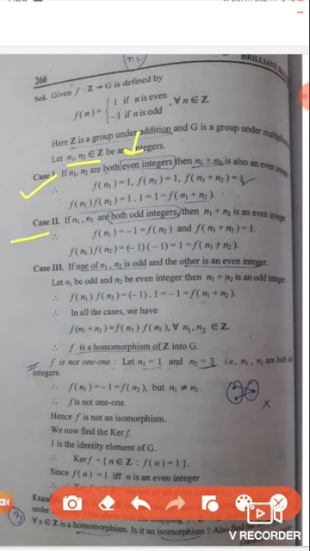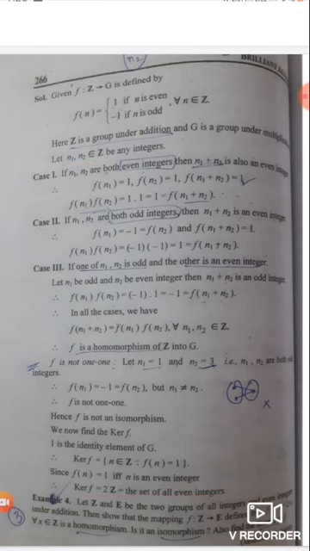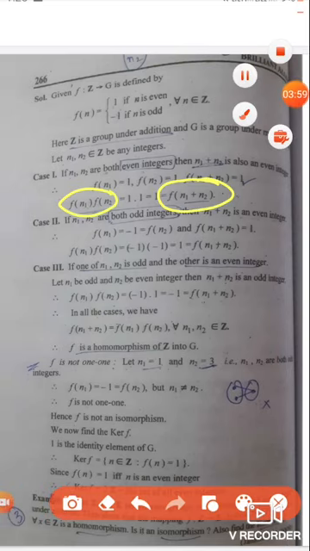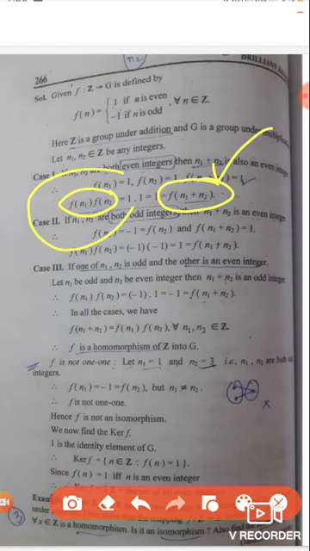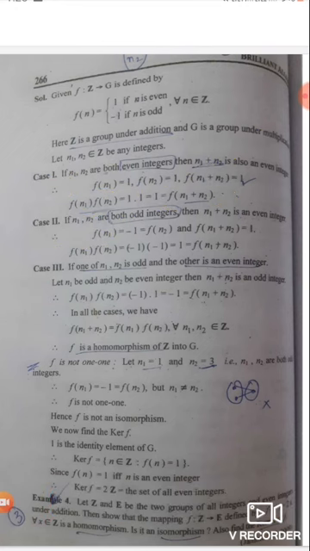It can also happen that you take both n1 and n2 as odd integers, and there is also a case where one of the elements you are taking from the domain is even and the other odd. In all the cases we have to prove this thing. It is your choice: you can take this and prove it, or you can take the left hand side and prove it equal to the right hand side.